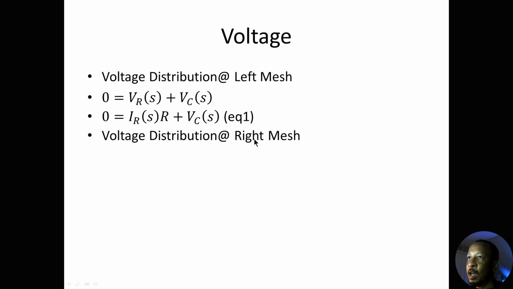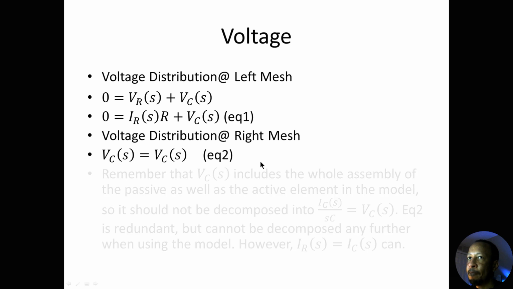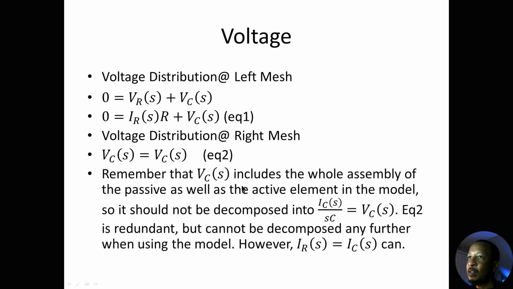Voltage distribution at the right mesh, VC of S is just simply equal to VC of S. Now remember that VC of S includes the whole assembly of the passive as well as the active element in the model. So it should not be decomposed into IC of S divided by SC equals VC of S. Equation 2 is redundant but cannot be decomposed any further when using the model.